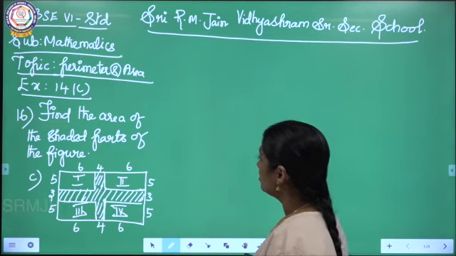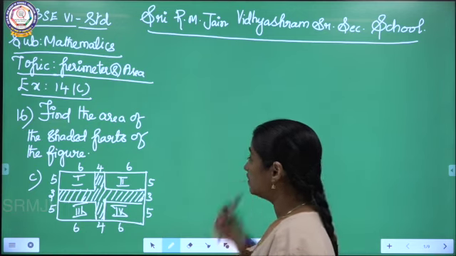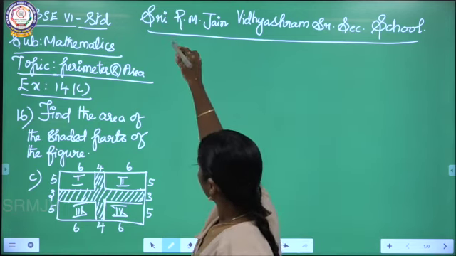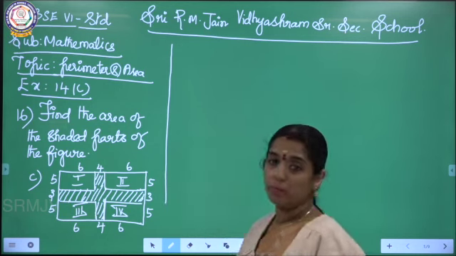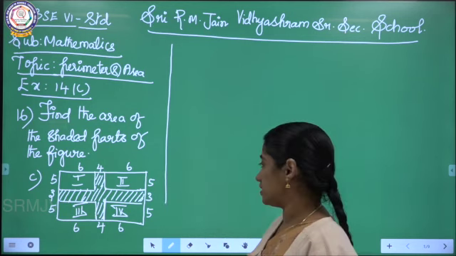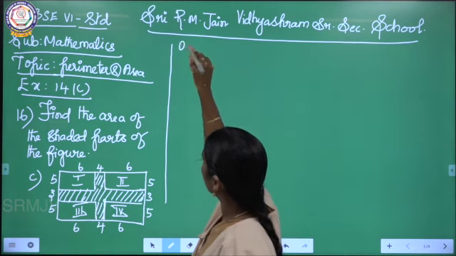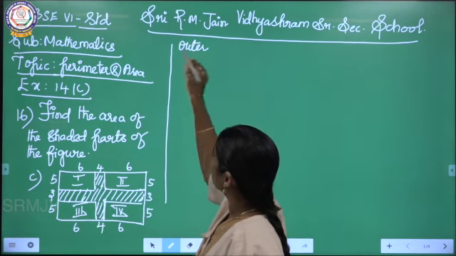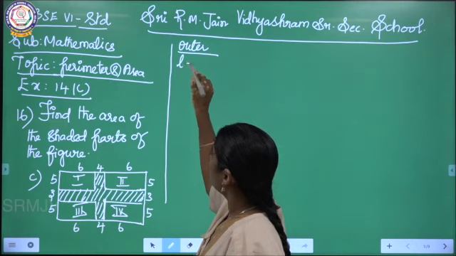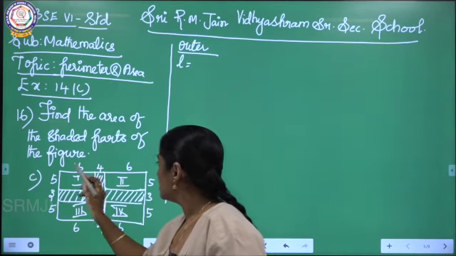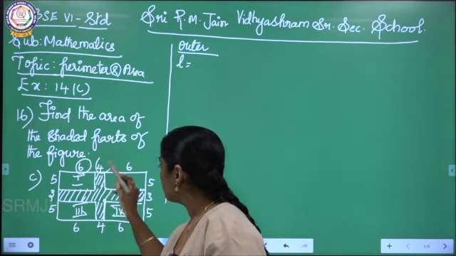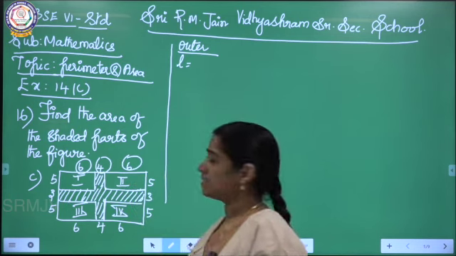See, listen. First, I will write the length and breadth for the outer rectangle. See the outer rectangle length. What is the length here? 6 plus 4 plus 6.